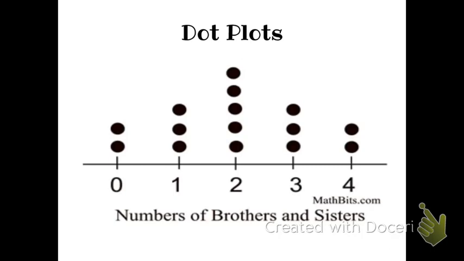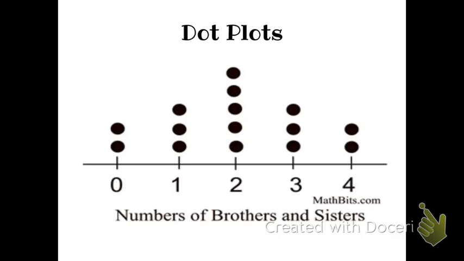What is the range of these numbers of brothers and sisters? All right, I'll come back to you. 4. How do you know it's 4? 4 minus 0. Yeah, the biggest number of brothers and sisters is 4. The smallest number of brothers and sisters is 0. Okay? All right, so range is the difference between the biggest one and the smallest one. So 4 and 0. Good.